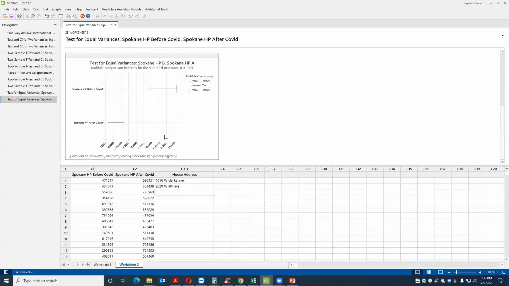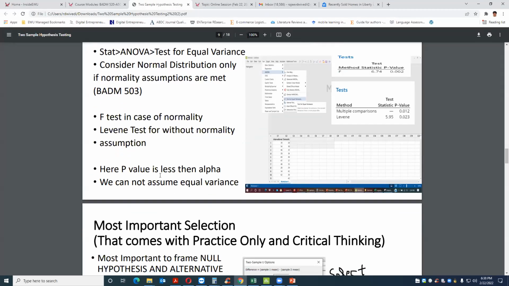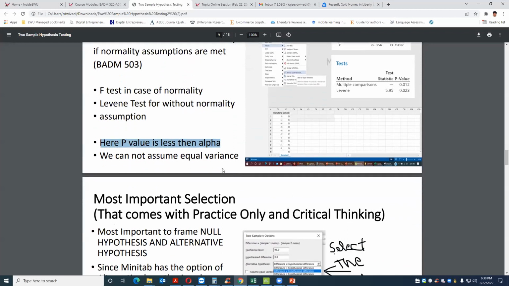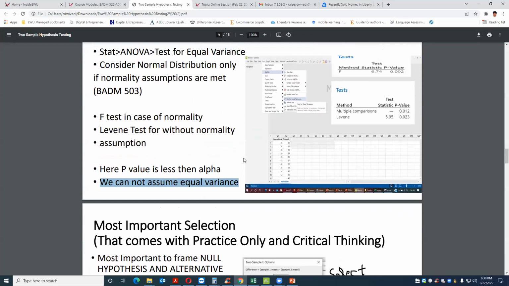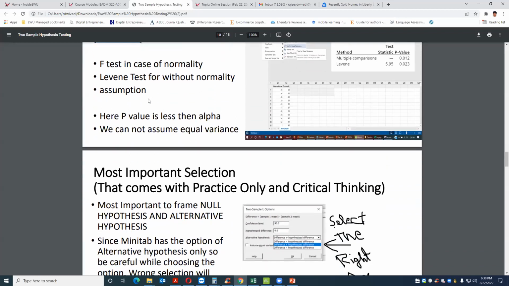So this is the equal and unequal option. And now I go here. If the p-value is less than alpha, we cannot assume equal variance. So basically, in selecting that option, you have to check this equal and unequal option.